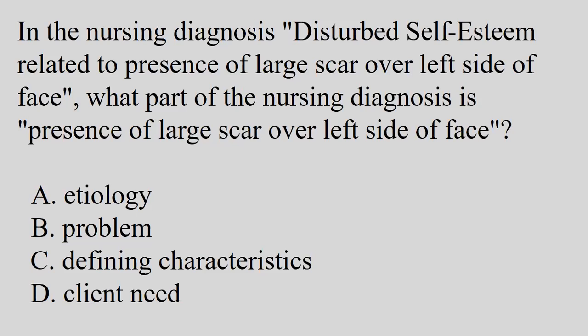Maybe the answer is A, etiology. I thought it was B. I think the scar is the problem. But we're looking for the root cause. The etiology is the cause. So the scar is the cause of the disturbed self-esteem.